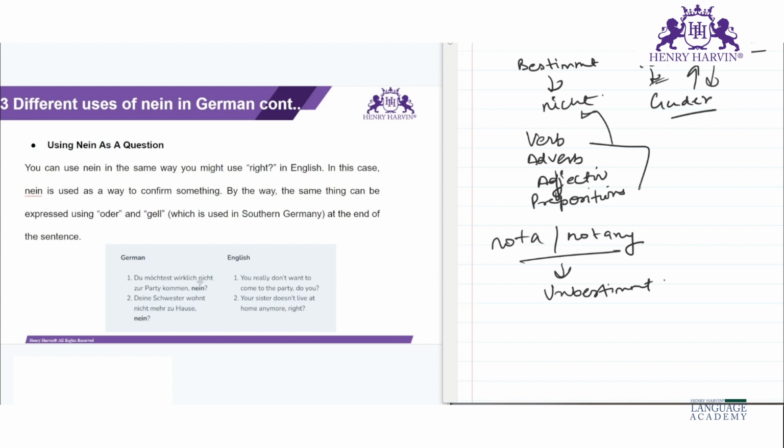Du möchtest wirklich nicht zur Party kommen? Nein. You really don't want to come to the party? Do you? It's an indirect question that you are asking. Deine Schwester wohnt nicht mehr zu Hause? Nein. Your sister doesn't live at home anymore, right?